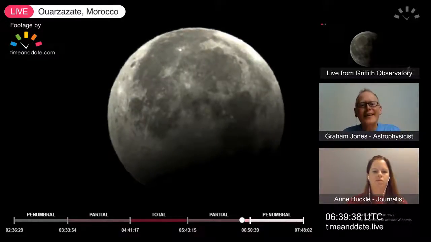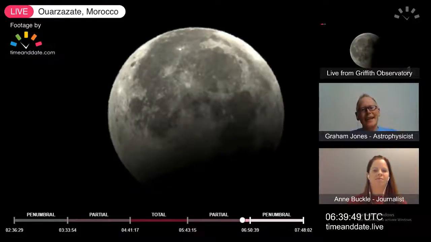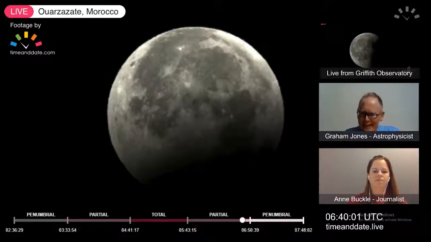We would see the Earth blocking the sun. So we would just see this black Earth. We'd be looking at the nighttime side of the Earth above us on the moon. It would be blocking the sun, but all around the edge of the Earth, we would see the sunlight being filtered and being bent towards us.